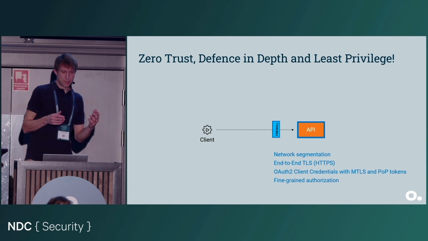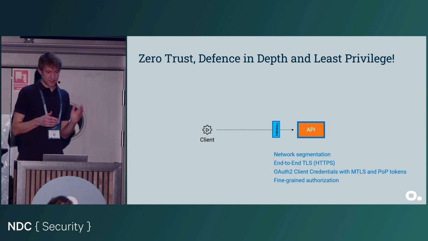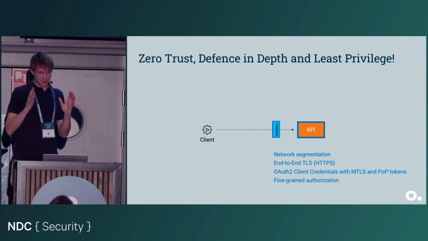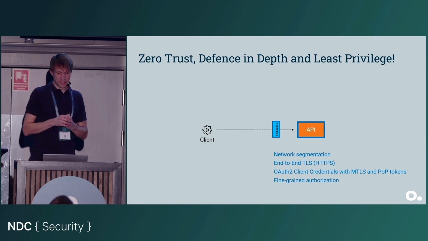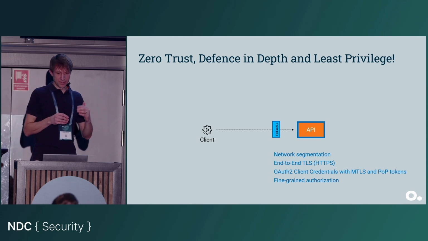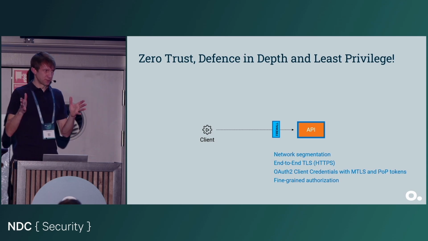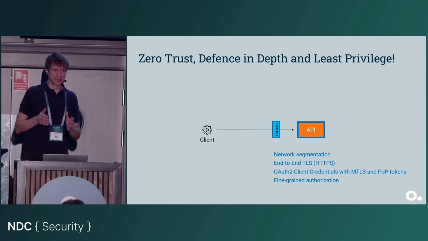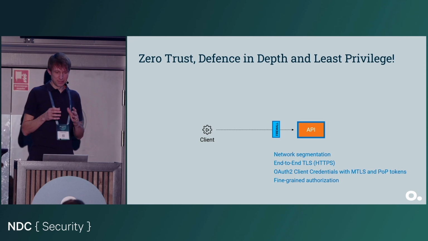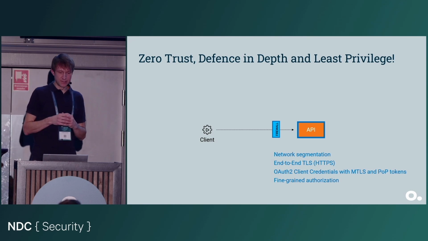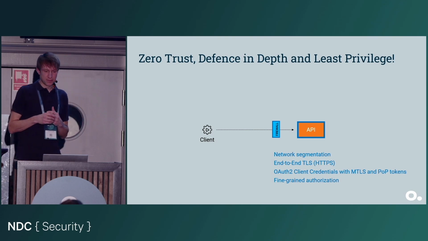So we have now both zero trust, defense in depth, and least privilege that we're using to limit the scope for each token that we use. And so we have this. We have network segmentation, if we can use that. Some APIs are of course meant to be public, so we can't. But if we have done that properly, and then we have the end-to-end TLS properly configured with strong ciphers and so on.